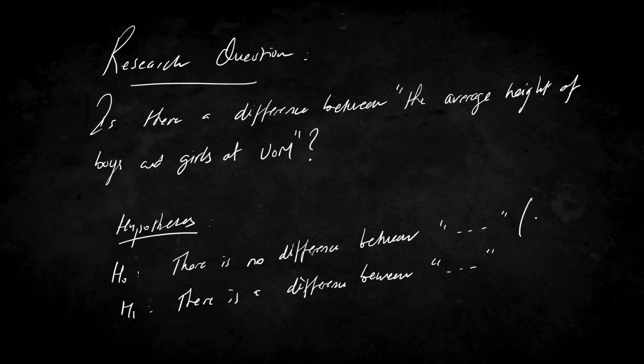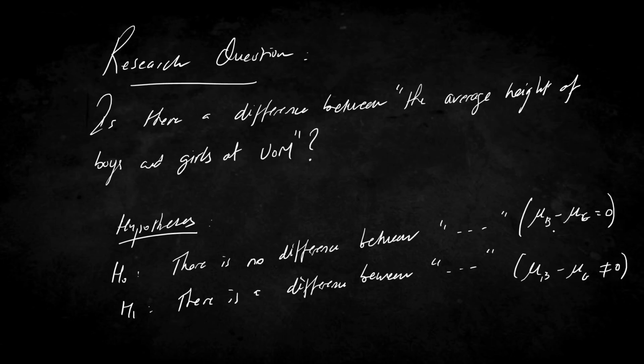What does this represent? This basically represents that mu1 minus mu2, or you can say the average for boys minus average for girls, is equal to 0. And here we're saying mu boy minus mu girls is not equal to 0.